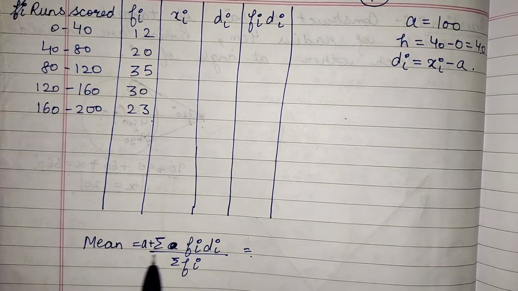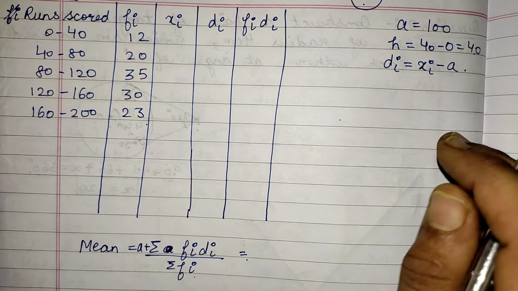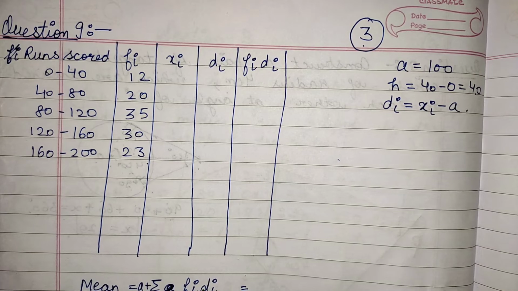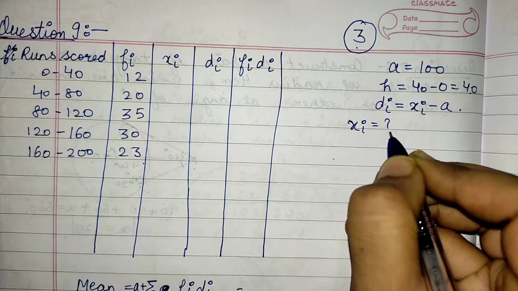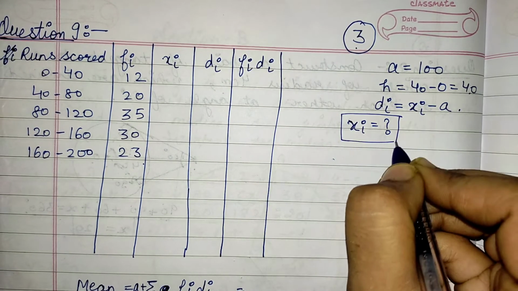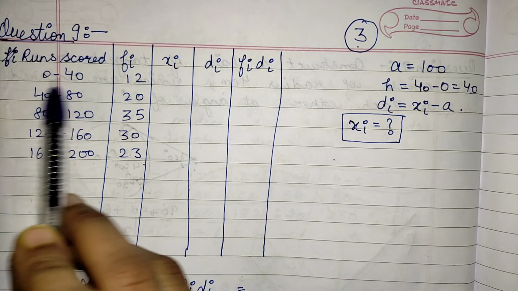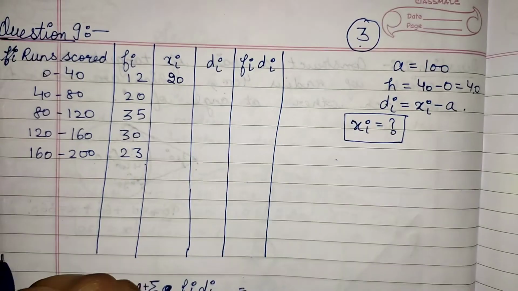The formula is A plus sigma fi di divided by sigma fi, right? For that, first of all, we have to find the value of xi. You know that xi is the middle value of the two class limits. The middle value of 0 to 40 is 20.